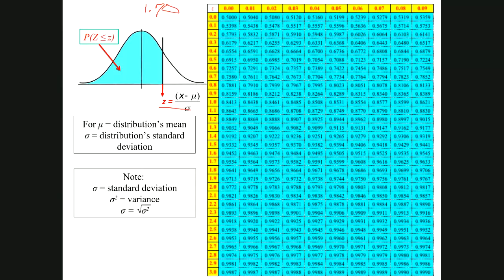How this is broken down is the first part of this table is 1.7, and the second part is 0.08. If you add those two together, that's 1.78, which is our z value.